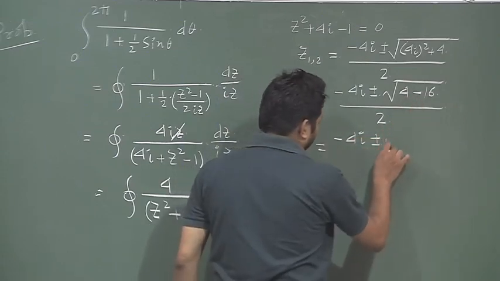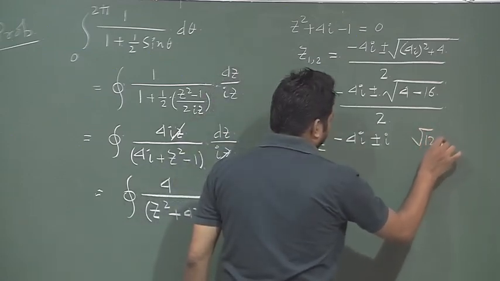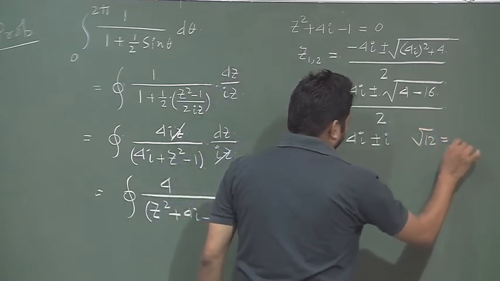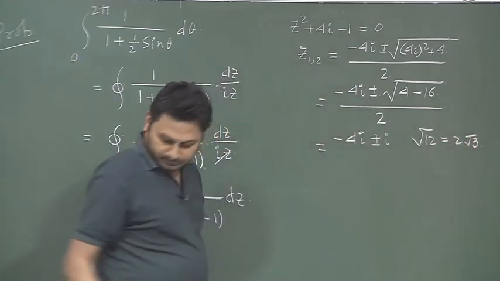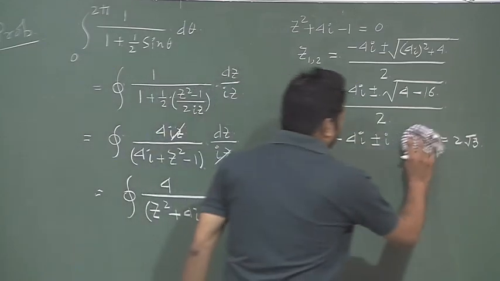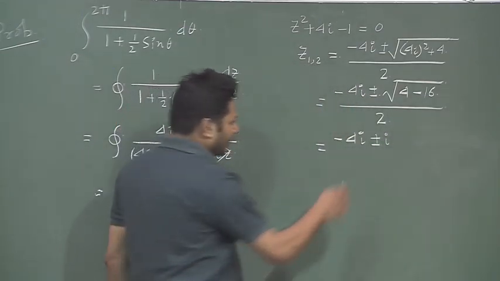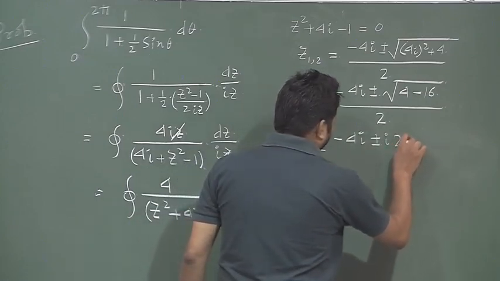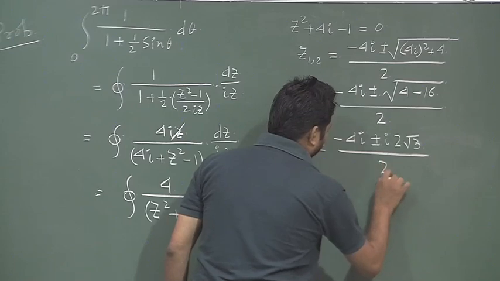So, we should have 1 I, and 12 root over of 12 is 4 into 3. So, 2 root 3 is the result. So, it will be 2 root 3 and whole divided by 2.